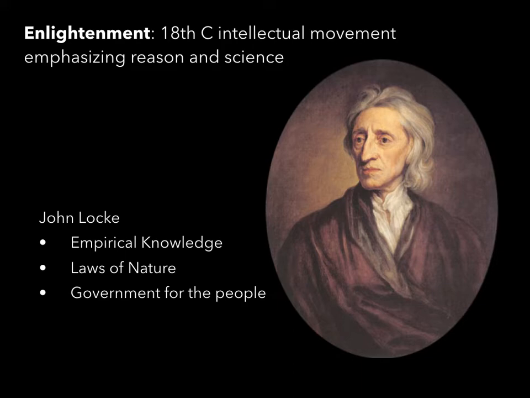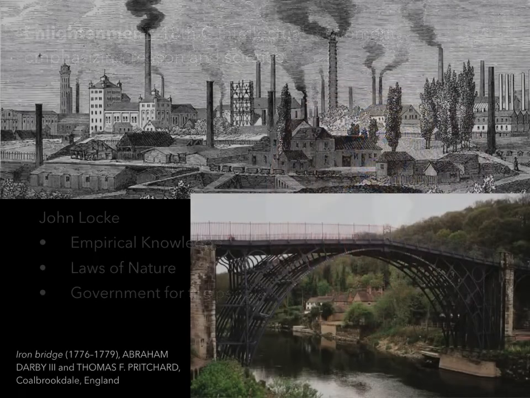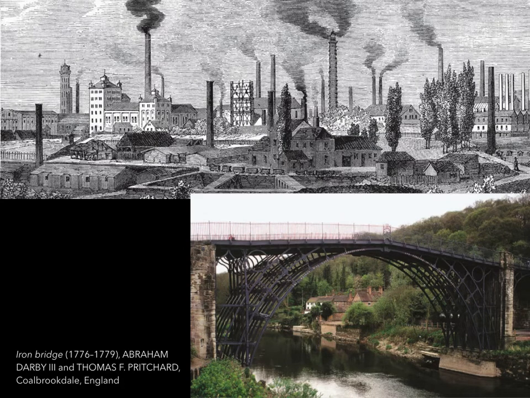Caught up in the Enlightenment are technological advances that essentially spurred the Industrial Revolution, like the invention of the steam engine leading to an increasingly global society. The steam engine will essentially revolutionize the world. Without getting into too much detail, in the Industrial Revolution we see a wide shift.